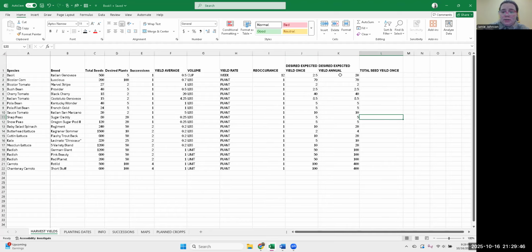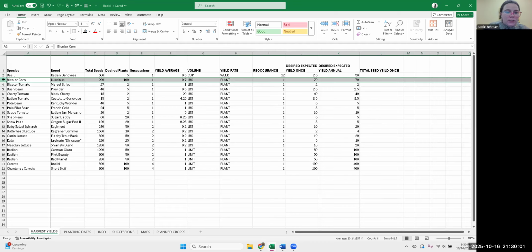And so you would take these annual numbers and multiply them by price. You would do some dimensional analysis on them. So if we talk about corn, if you're getting 70 pounds of corn in a harvest and it's $1 a pound, you're making $70.